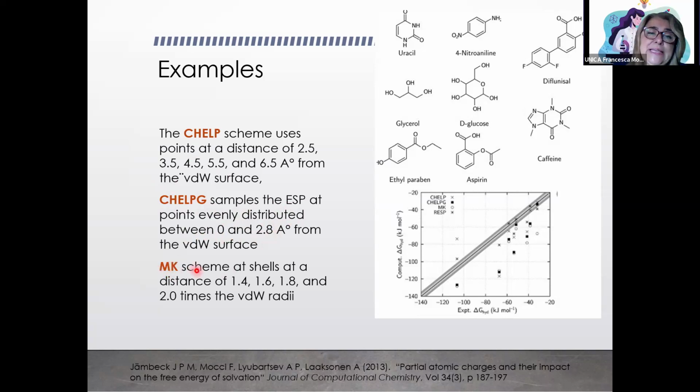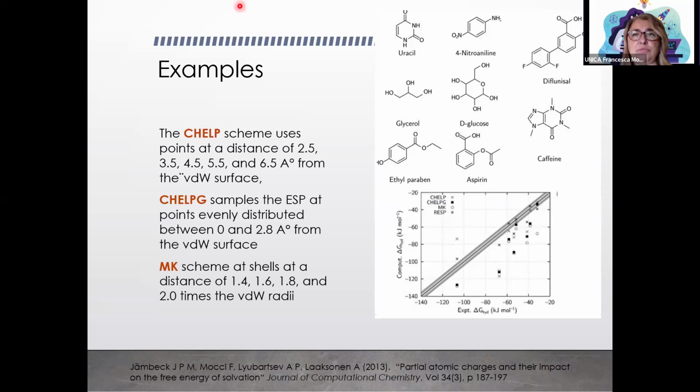The MK scheme optimizes the charges at different sets of distances, and actually the result that you obtain using different systems to obtain the charges can have a profound implication on the results that you obtain in the MD simulation.